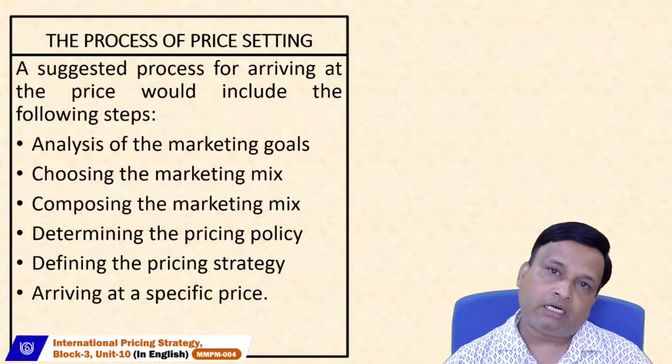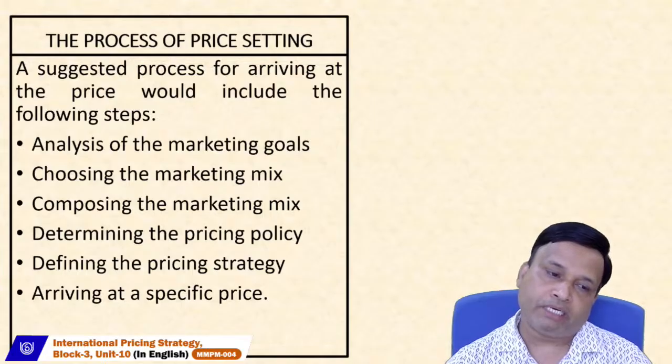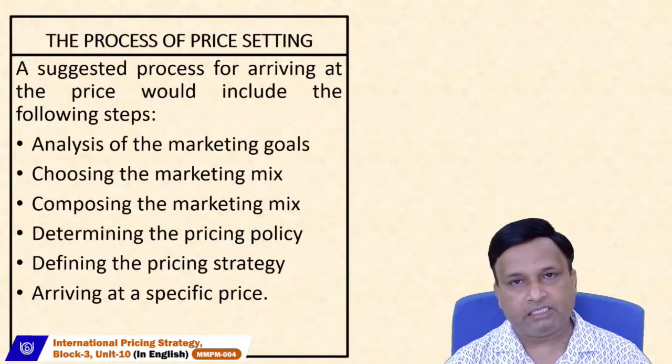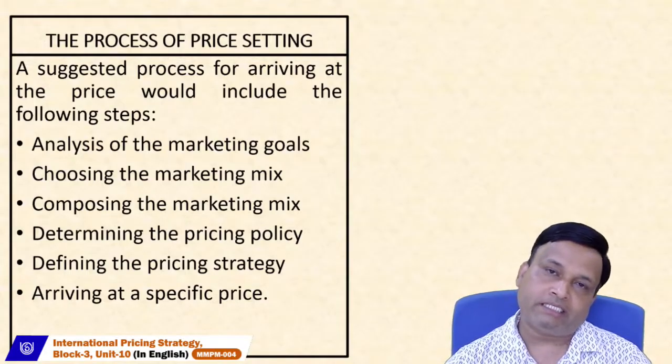Then what will be the pricing strategy? It will be a skimming pricing strategy, a penetration pricing strategy, or a cost plus pricing strategy. We will be discussing the different pricing strategies later on.